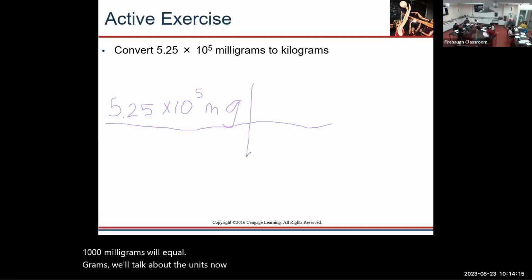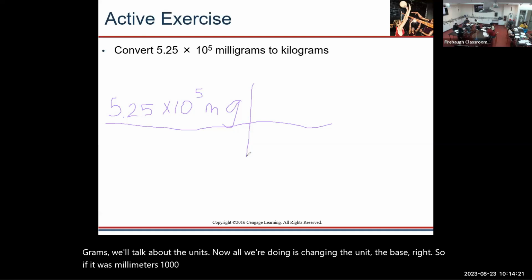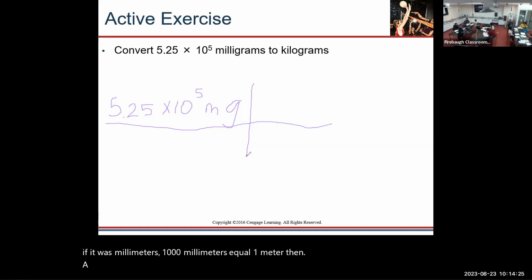All we're doing is changing the unit, the base, right? So if it was millimeters, 1,000 millimeters equal 1 meter, then 1,000 milligrams is going to equal 1 gram, okay?